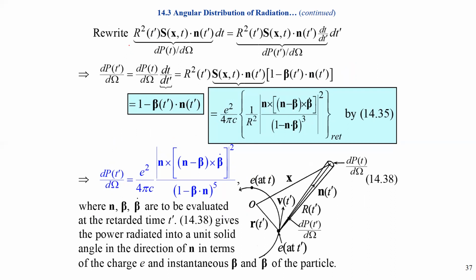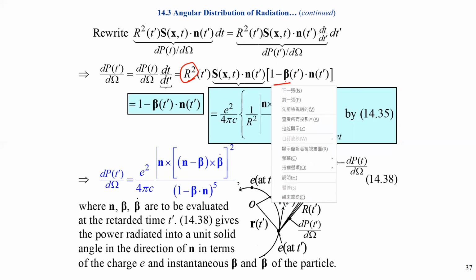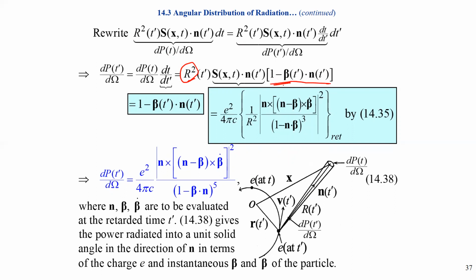Poynting vector times the radius squared is the power. Okay, so it's r squared times Poynting vector times the ratio between emitter, observer, and the source. Okay, so it's e squared over 4 pi c, 1 over r squared. Where is r squared?